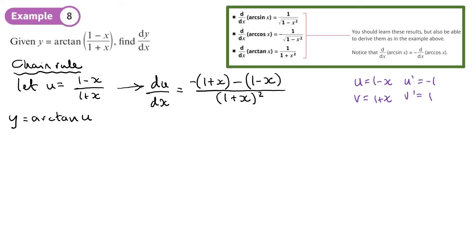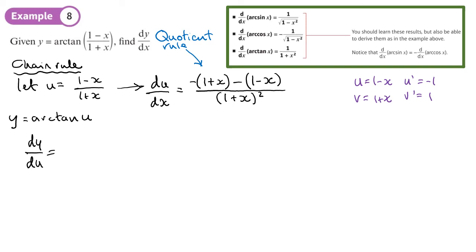So just like the previous time, we've used the quotient rule here. So that's du/dx.